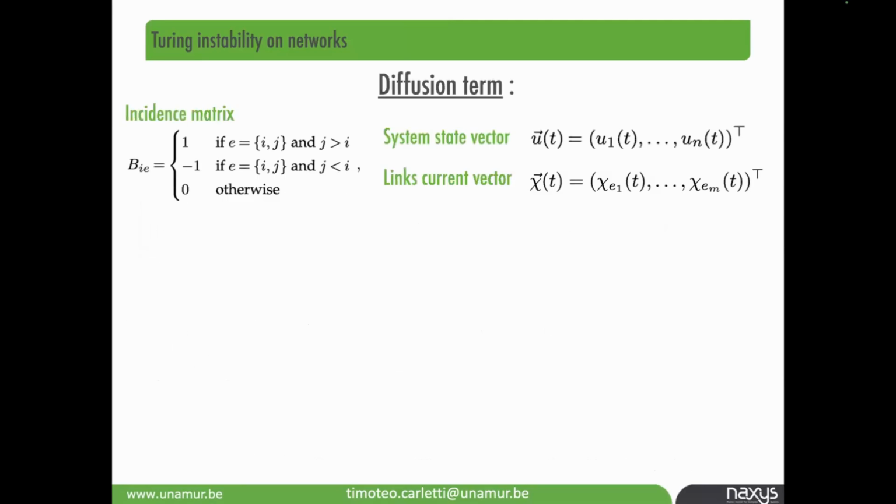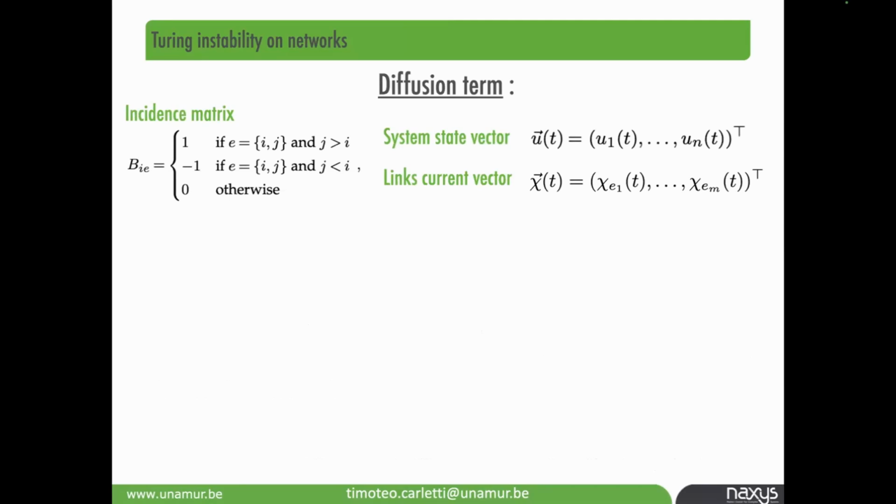So now let me introduce the diffusion. To introduce the diffusion term, let me introduce the incidence matrix, B_ie, that tells you if the node i is in the edge ij, and if it is the tail or the head of the link.